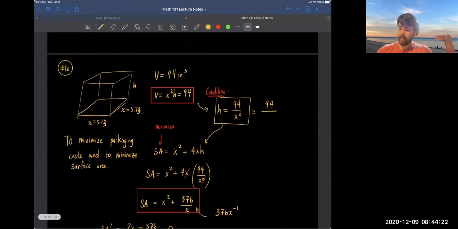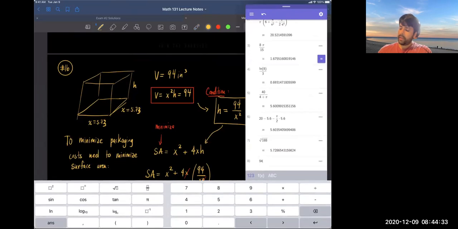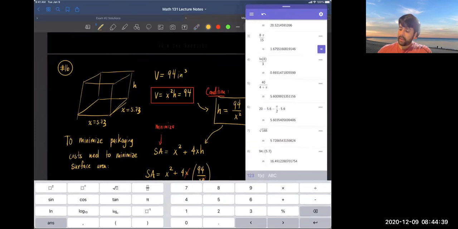So then I can plug it in. And I get 5.73 squared and divide 94 by that.